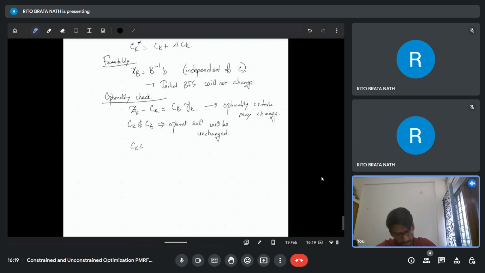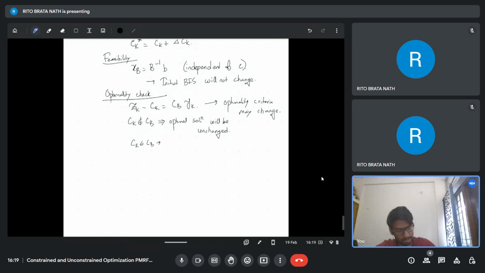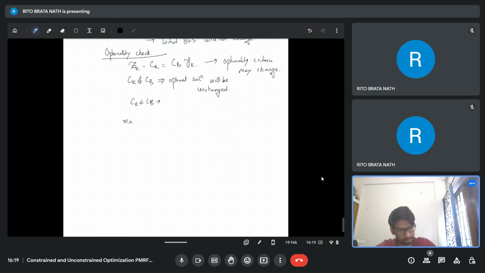And if ck belongs to cB, in that case, you have to calculate the range in which the optimal solution will remain unchanged.